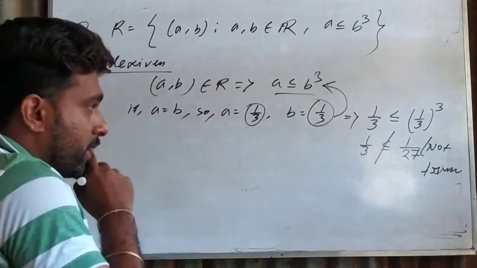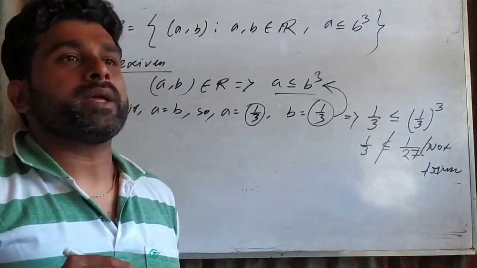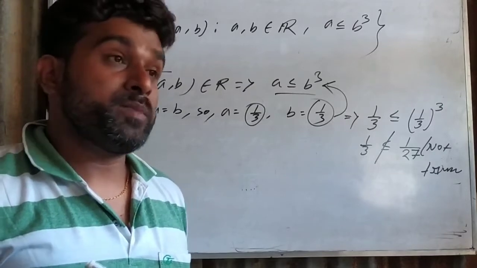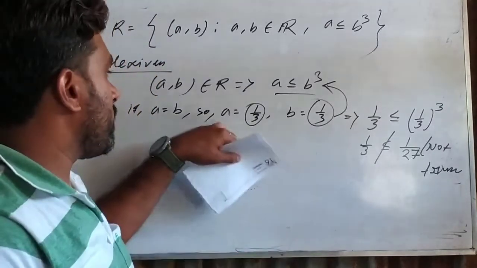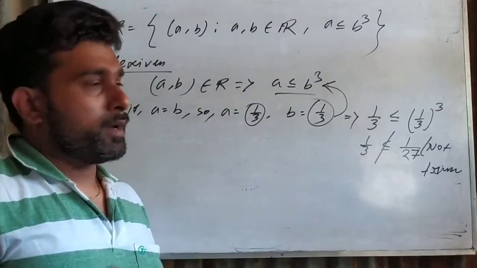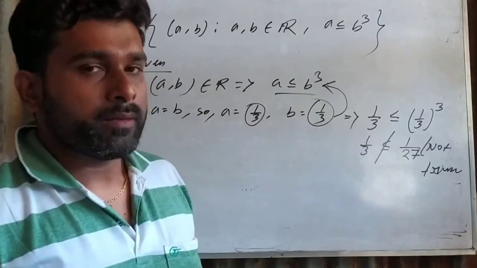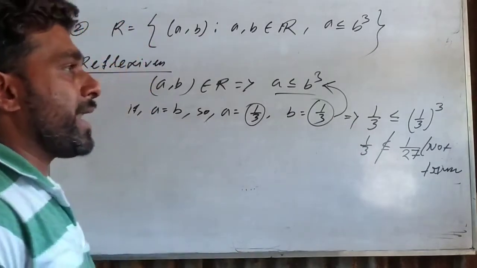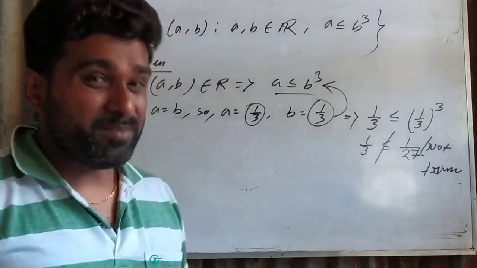So here, for all the values of a and b, the reflexivity property should be proved. If for at least one value of a and b the condition is not satisfied, then this relation cannot be called a reflexive relation.